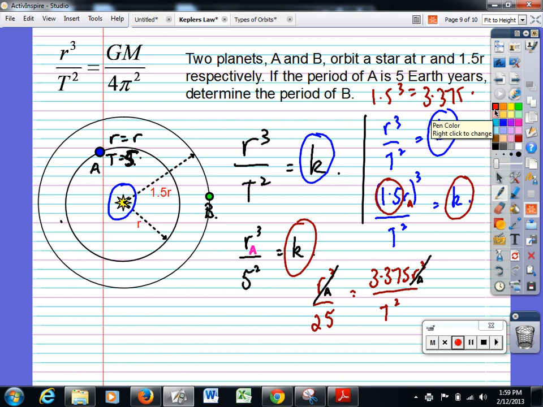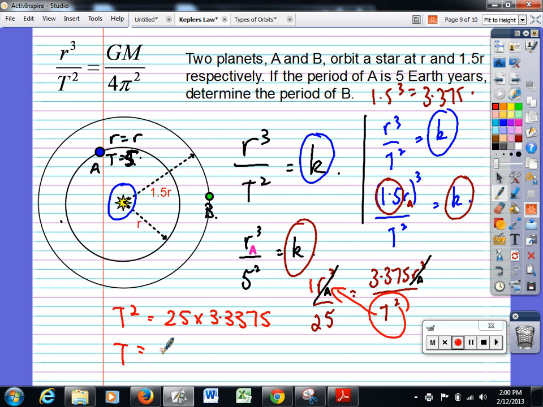That leaves us with an equation with a 1 up in this position here. Multiply this t squared up, and you get t squared equals 25 times 3.375. Multiplying that and taking the square root, we get approximately, is it about square root of 80?